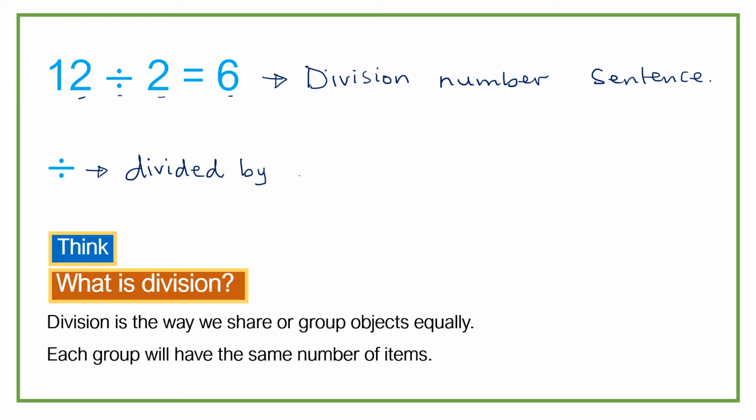We emphasize the word equally. When you are dividing, let's say by 2, each group must have an equal number of objects. So after dividing, each group will have the same number of items. I hope that you understand this very well.